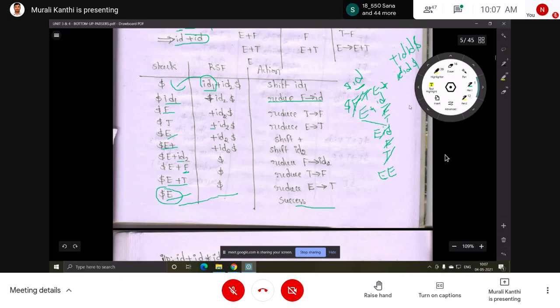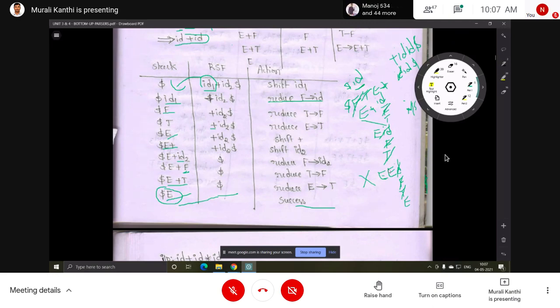Next symbol: id is here, so now this id is also shifted. Next this can be replaced by f, then by t, then by e, then dollar. But how many e's are there? No handle is found. In this case, this parser is going to announce error, rejected.